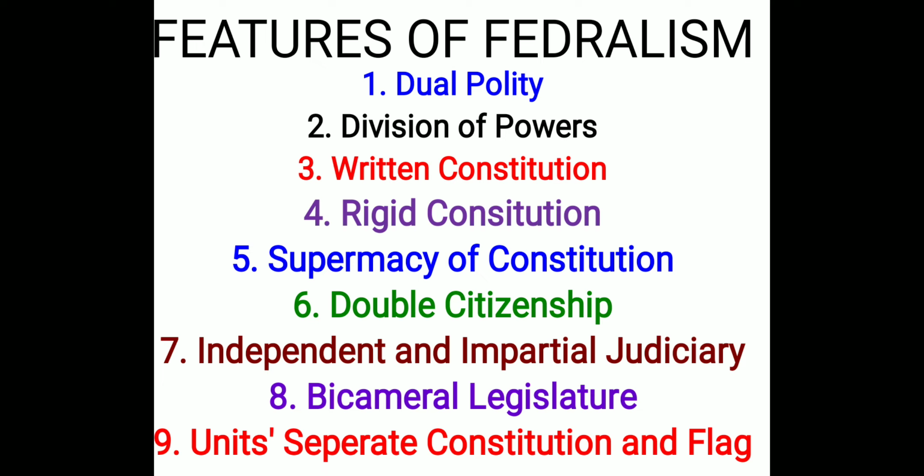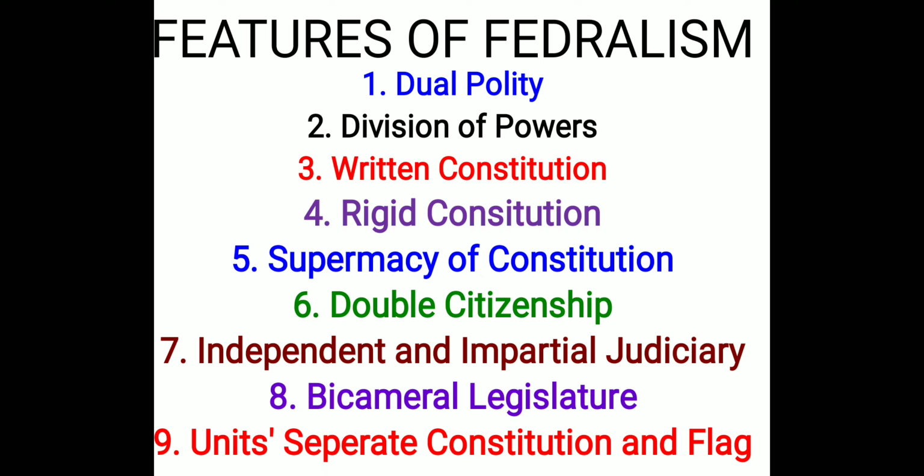Almost 200 years have gone, but only 7 amendments have taken place. So this shows the rigidity of the Constitution of USA. Rigid constitution means the process of amending the constitution is very tough.